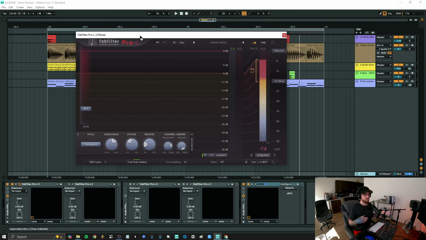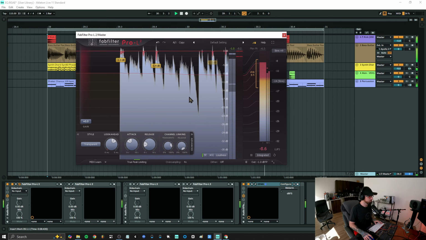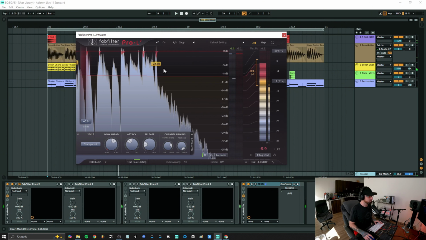Get the picture? What we're doing when we're limiting is not only are we making our audio louder, we're also limiting the dynamics. We're squeezing the dynamics out of our music. For example, if we reduce this back to 0, we can see all of this dark area.